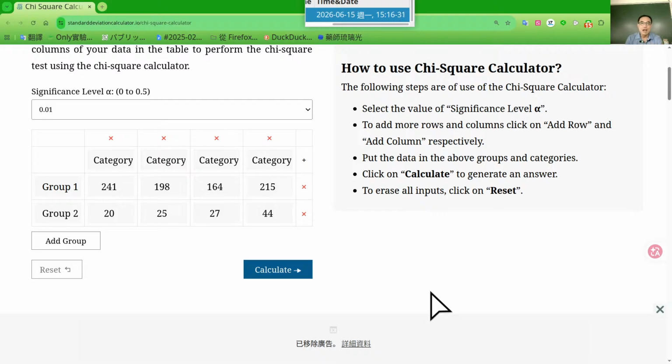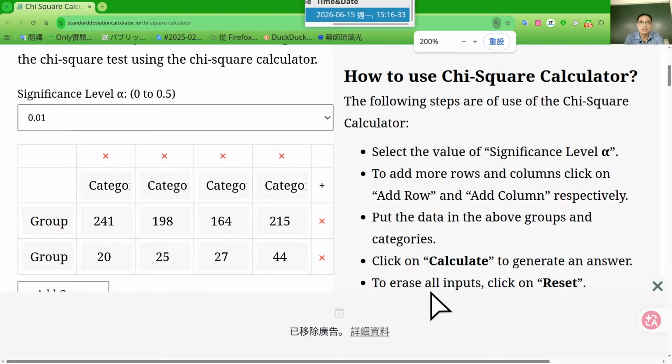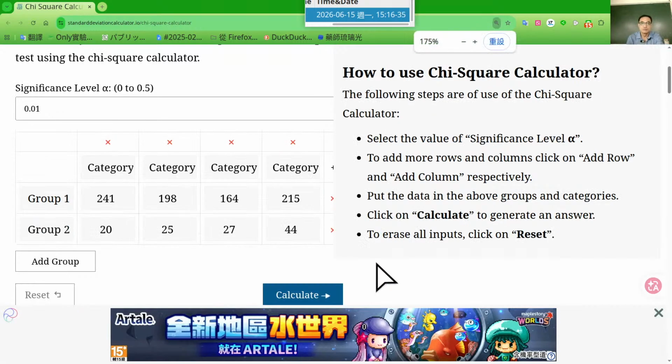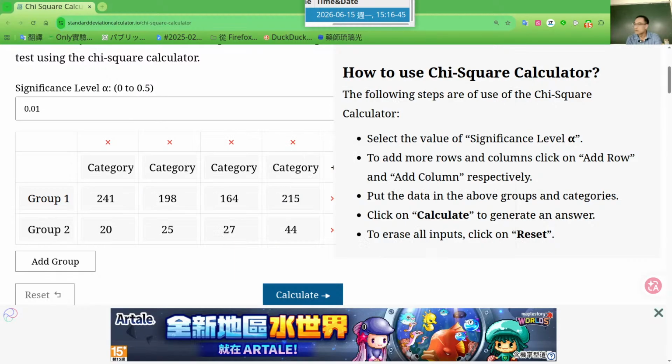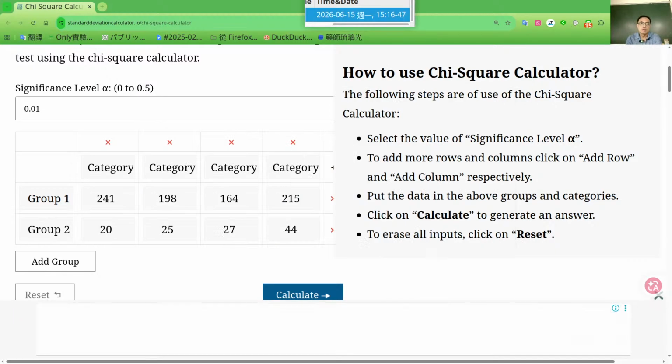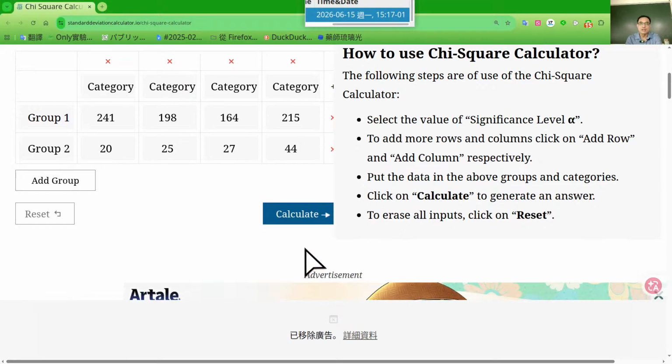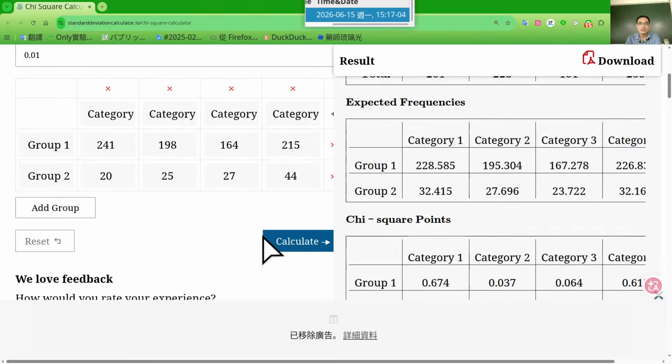Okay, and after that, we can click. Then I can click calculate. Calculate.